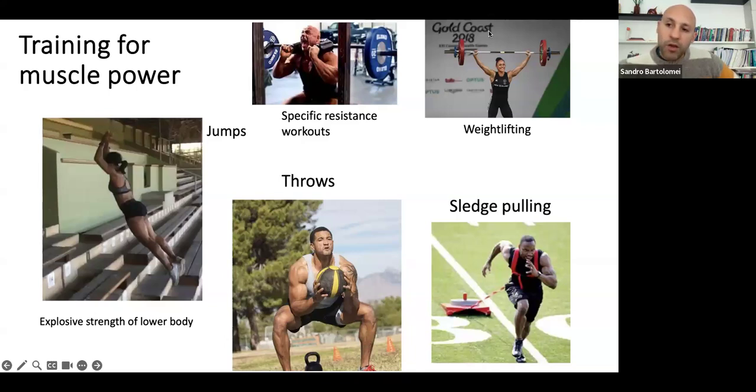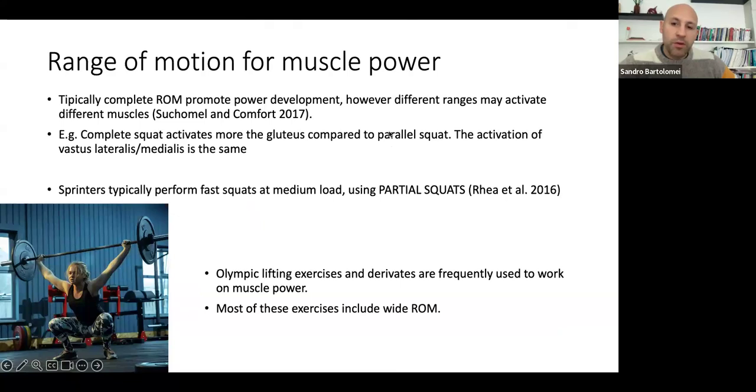However, even if you are using heavy loads in weightlifting exercises, the quickness, the speed of contraction will be very elevated. That's the reason why weightlifting exercises may be optimal to stimulate power. Okay, we will talk about that.